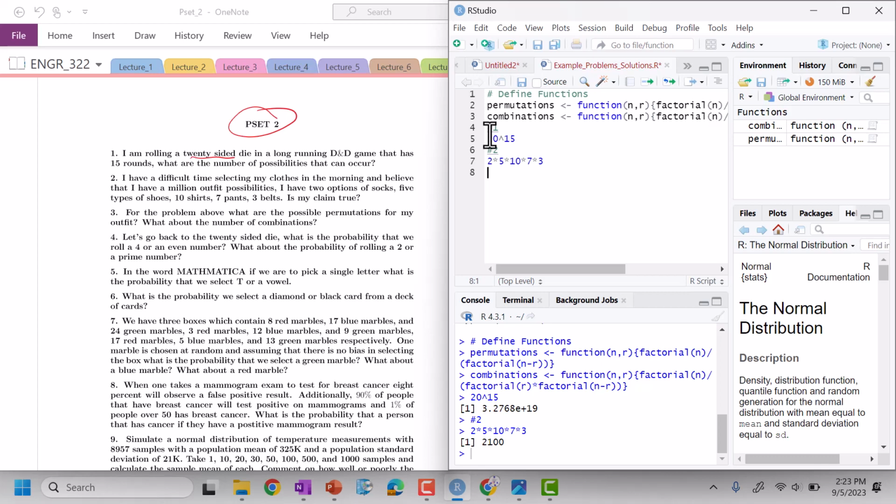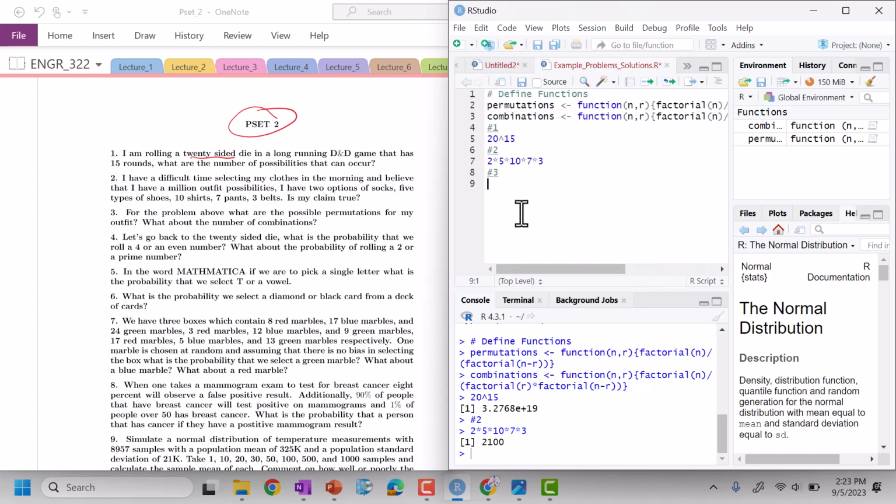So that's number 2. Number 3, the problem of what are the possible permutations for my outfit? What about the combinations? One way that we can solve this is, we need to define what is our total number of distinct objects and what we are selecting from.